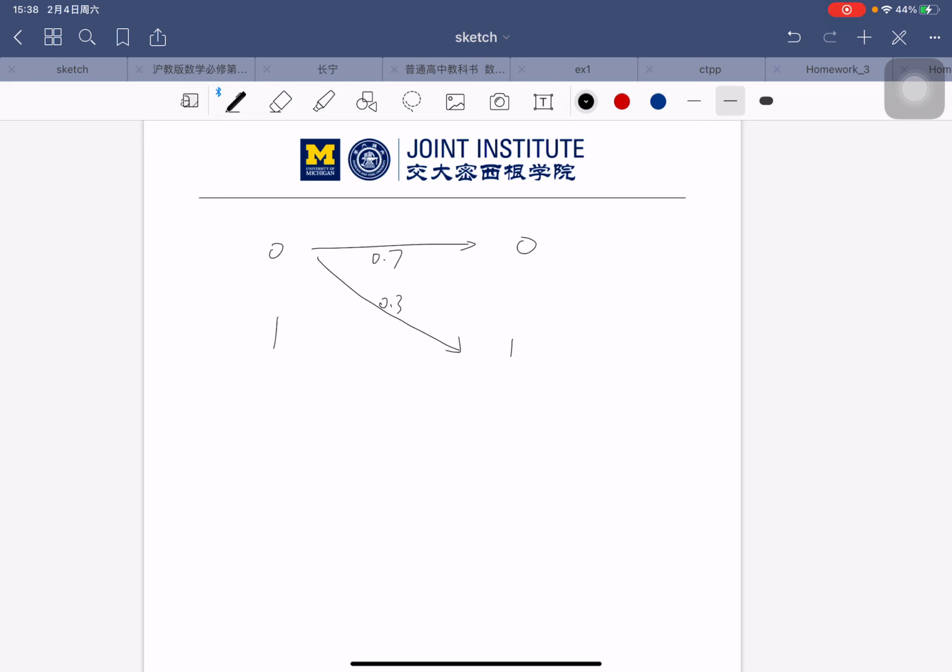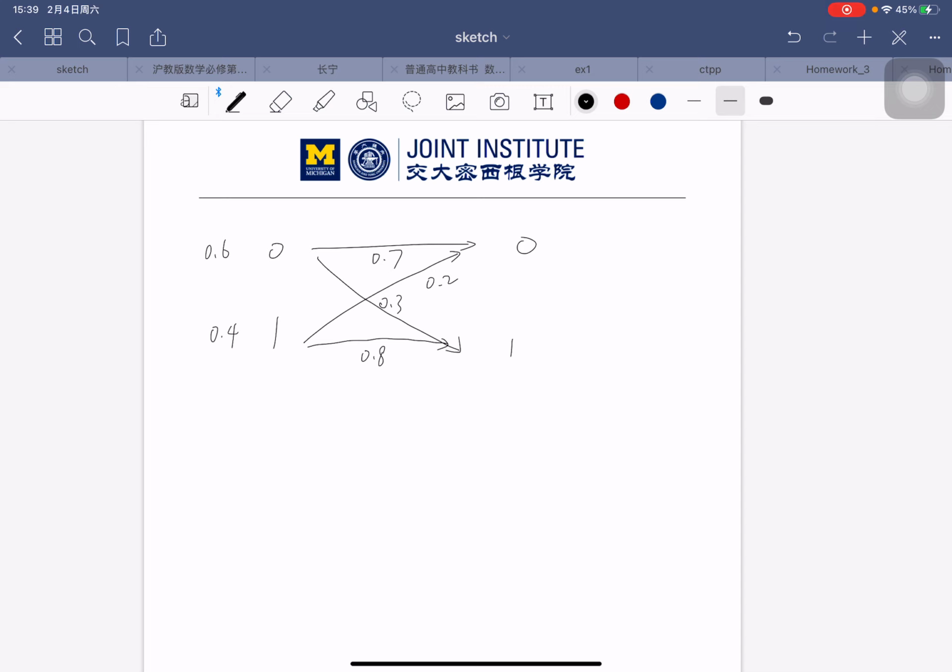And if we send out the signal 1, we will have 0.2 probability to receive a 0, and so it will be 0.8 probability to receive 1. And what's more, the original case is the machine will send out 0 with 0.6 probability and send out 1 with 0.4.